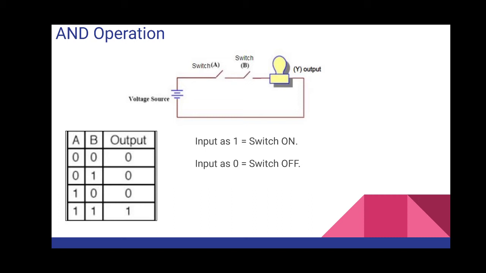These are the terms which you need to relate. Okay, so what is the condition? If both the inputs are true, then only you will get output as true. Otherwise, in all other conditions you will get false.